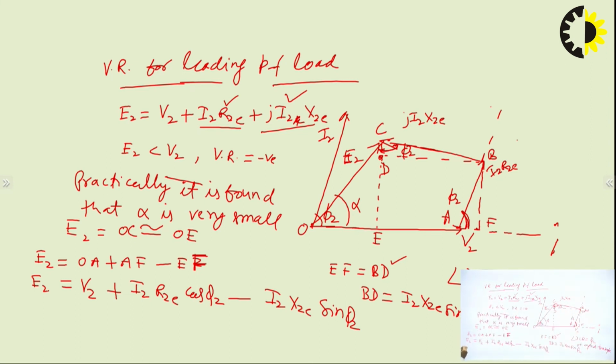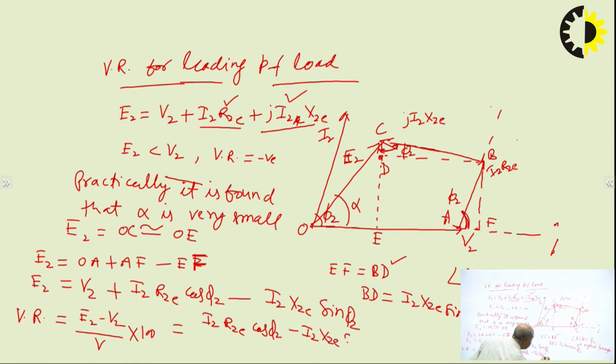Now we can write voltage regulation. We know it is E2 minus V2 upon V2 into 100, and when we simplify, V2 will be cancelled out and it will be I2 R2E cos phi 2 minus I2 X2E sin phi 2 upon V2 into 100.